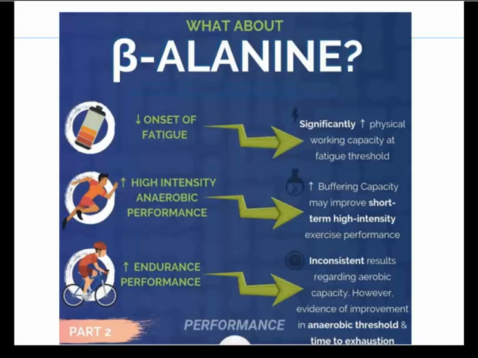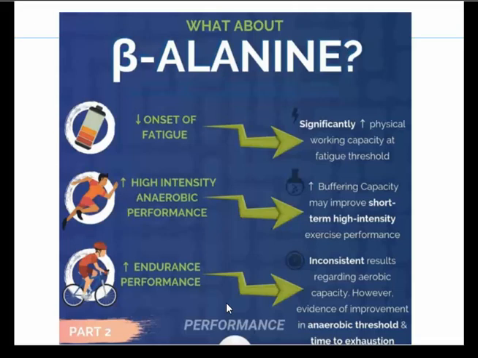We also see increased high-intensity anaerobic performance because beta-alanine plays a role in buffering capacity. So when we do short-term sprints or bouts of resistance training or cycling time trials, it improves your ability to buffer and clear acidity. And then last is improvement in endurance performance.